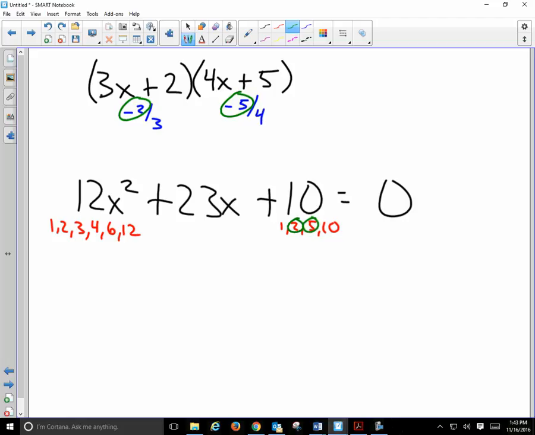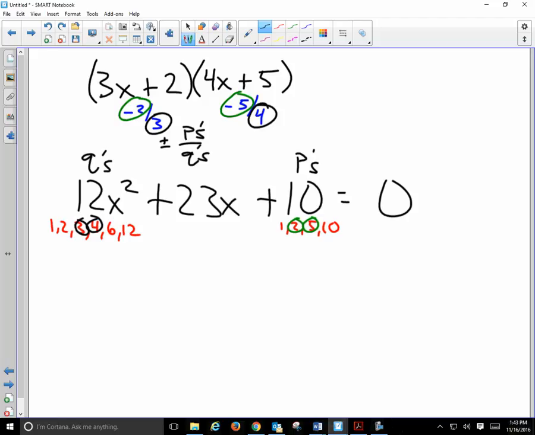And the numbers on the bottom, 4 and 3, they come from the factors of the front number. And so we like to call the factors at the end the p's, and the factors at the beginning the q's. And so the solutions are plus or minus the p's over the q's.